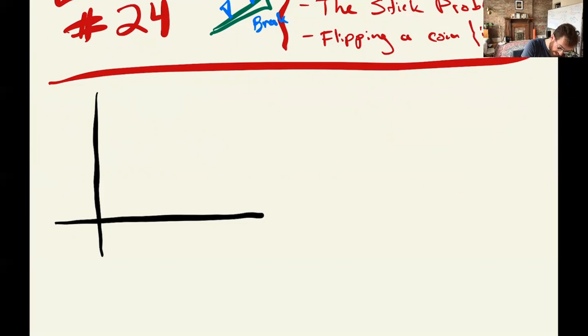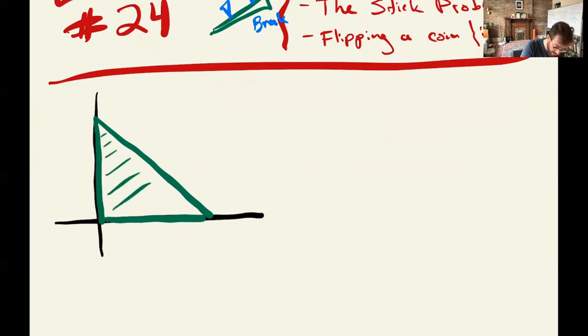For example, we might have something that looks like this. What I'm drawing here is the support of a joint probability density function, a JDF or a JPDF, where I've got x equals 1 over here and y equals 1 over here.